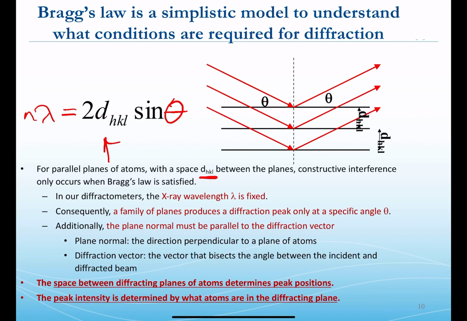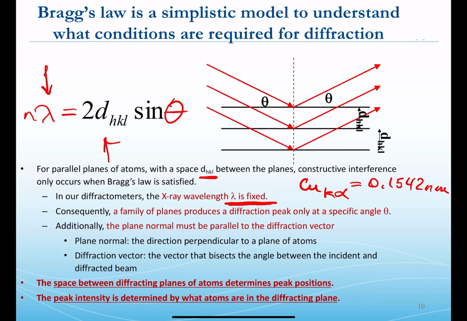In most diffractometers, the incident radiation is fixed. So in the previous example, we saw copper K alpha, which was equal to 0.1542 nanometers there. So that is a constant. So far, the left-hand side is looking constant.